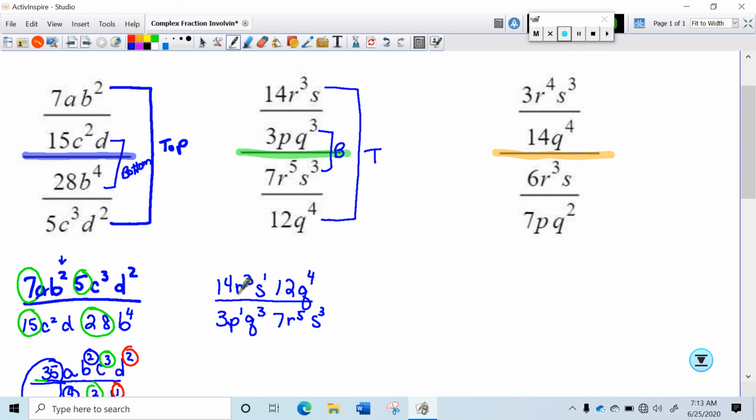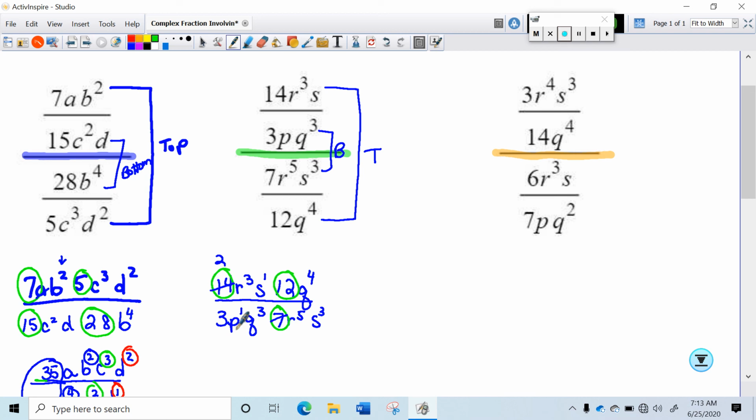Okay. You can simplify before you multiply for the fractions. Let me show you what I mean by that. 14 and 7, you can simplify that because 14 divided by 7 is 2. So you could cross that out and put a 2. We can also do the same thing with the 12.